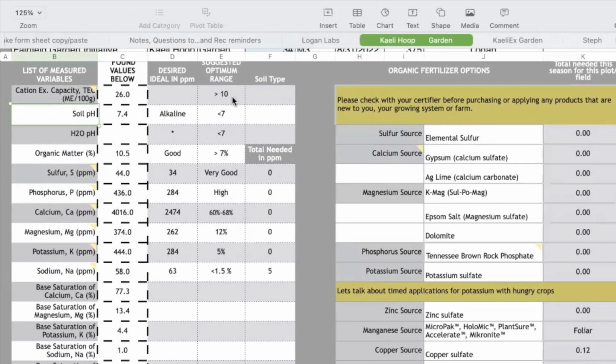That TCEC, and this is for everybody, so it'll be great to go over the same information multiple times, but your exchange capacity, and they're saying your cation exchange capacity, those are the positively charged elements in your soil. The primaries are calcium, magnesium, potassium, and sodium, but iron, manganese, copper, zinc, those are all positively charged as well.